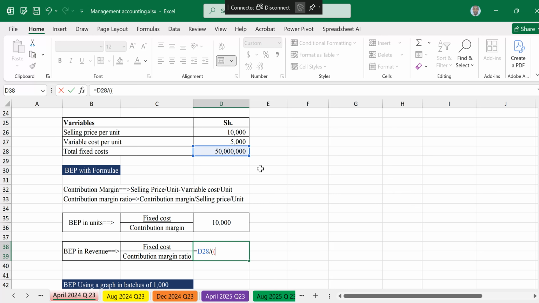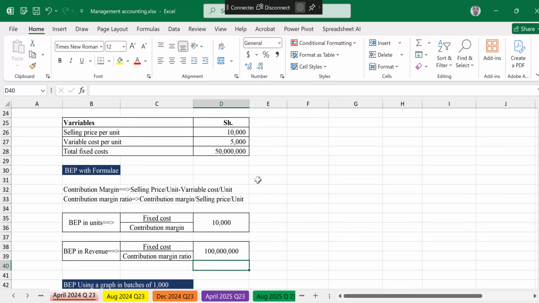Start by getting contribution margin, which is selling price minus variable cost. Close the inner bracket, just one bracket. Divide that again with selling price, and close those brackets. So the answer will give you BEP in revenue, which amounted to 100 million.